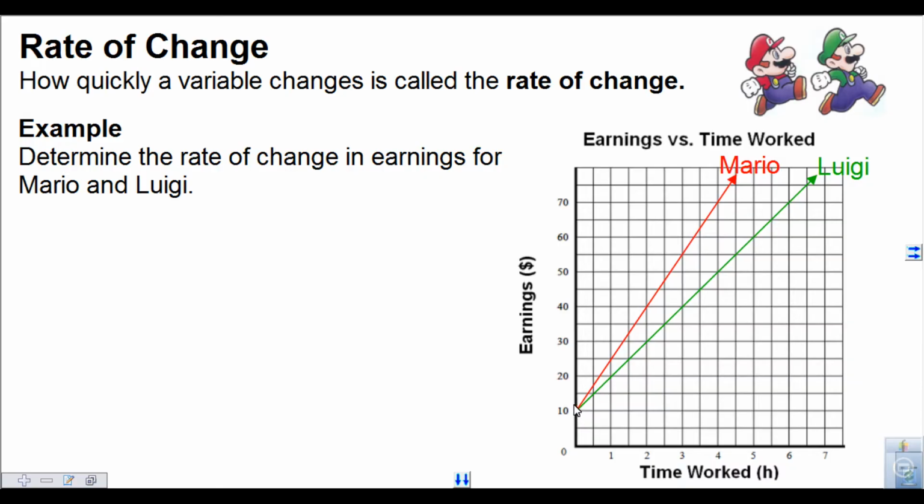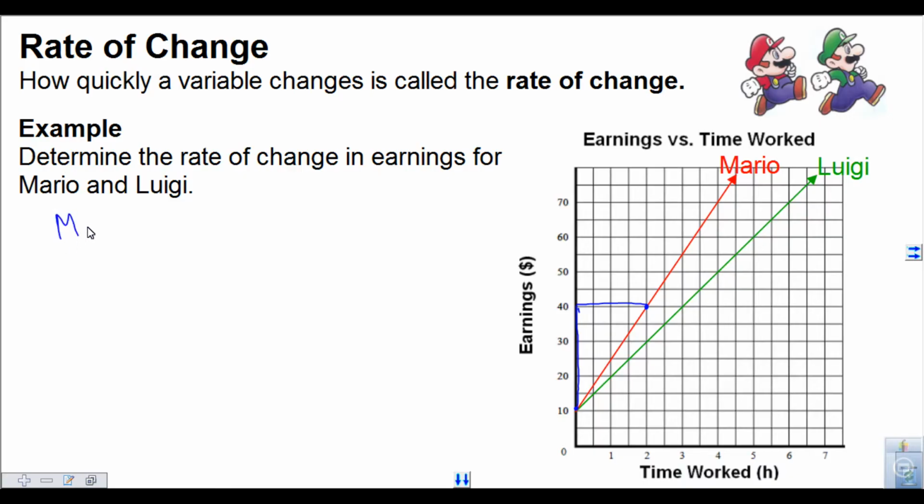And then let's just look at Mario, for instance. After 2 hours, he's earned a total of $40. So compared to the beginning, he earns $30 more, right? His earnings have increased to $40. That's an increase of $30 over the span of 2 hours of working.